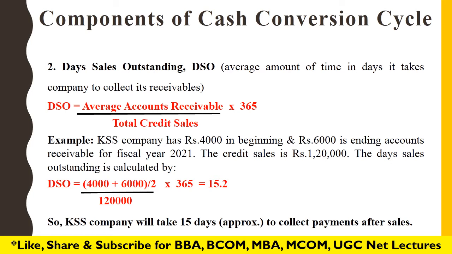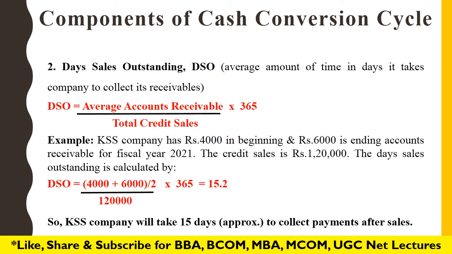So for example, we take the same example, that is KSS company has rupees 4,000 in the beginning accounts receivable and rupees 6,000 in the ending accounts receivable for the fiscal year that ended in 2021. The credit sale is 1,20,000.